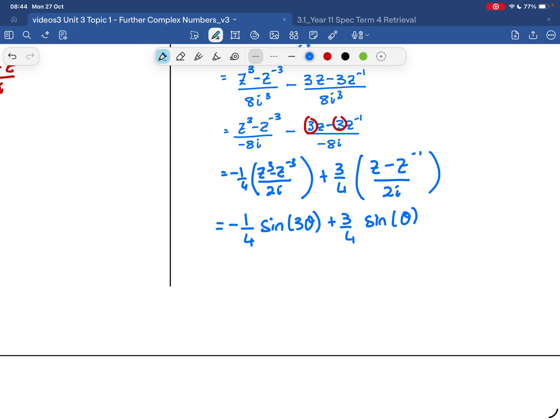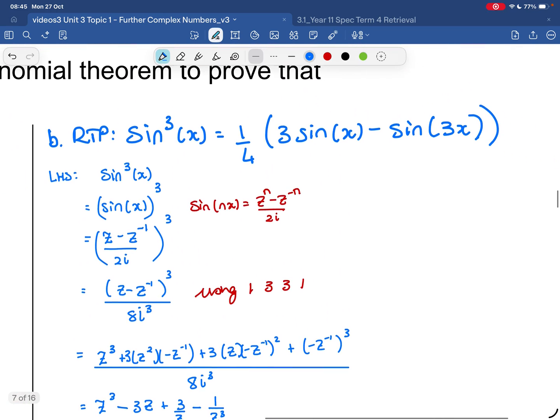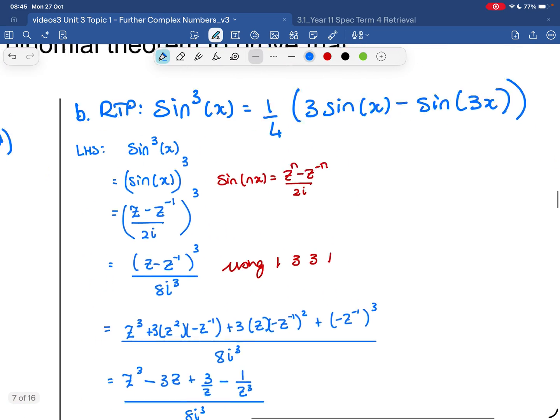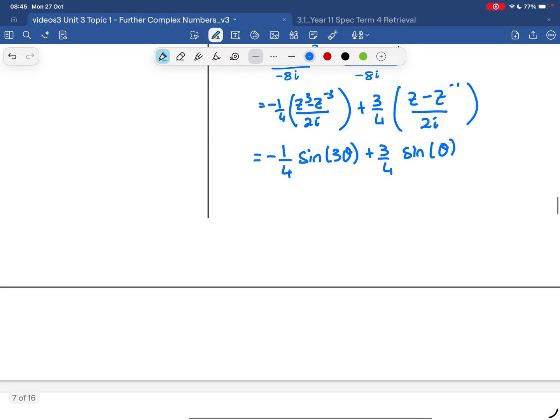And if I have a look at what I'm trying to prove, well, that's kind of what I'm looking for. I know I've got thetas instead of x's. So I can say that's equal to 3/4 sine of theta minus a quarter sine of 3 theta. I can take a quarter out over there.